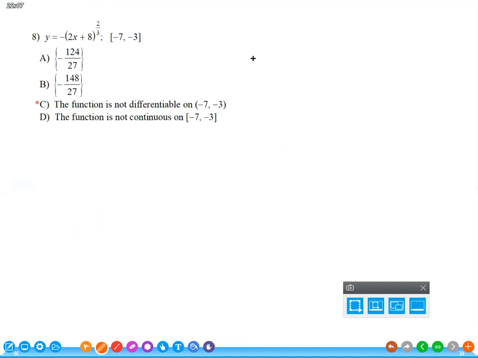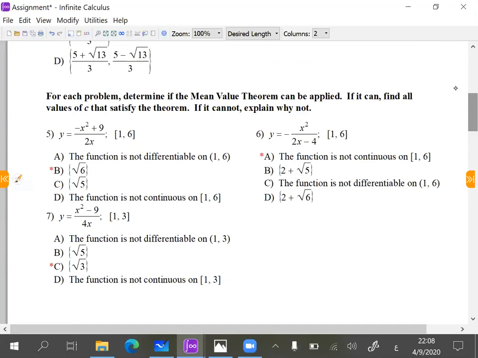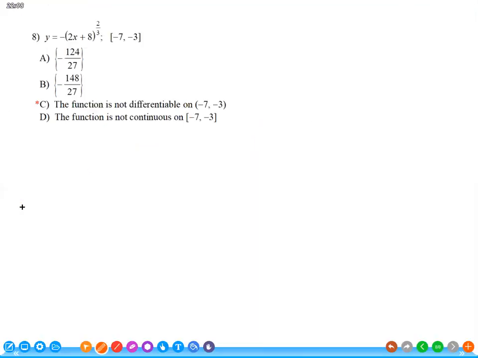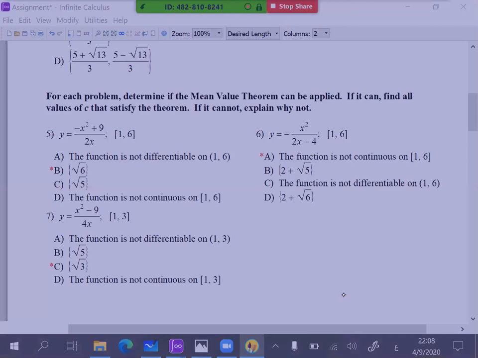Here, see the question: determine if the mean value theorem can be satisfied. If yes, continue. Before finding the value of c directly, I also want to put the question for all to be clear.